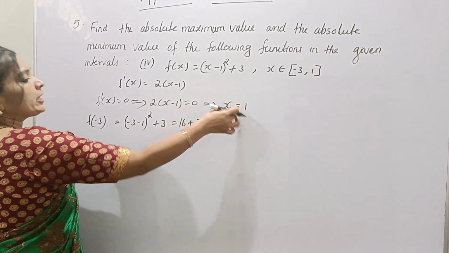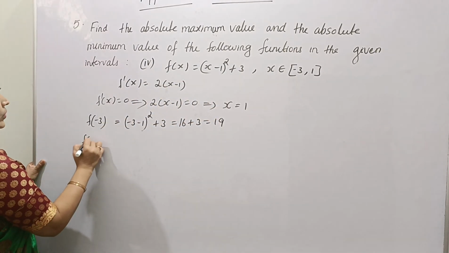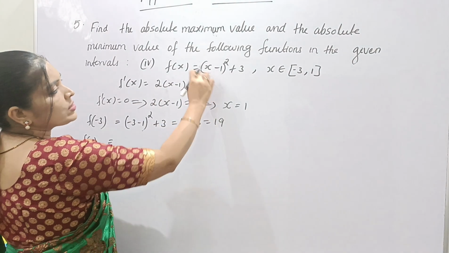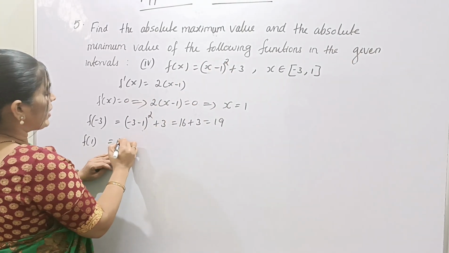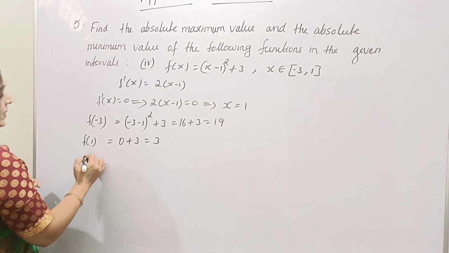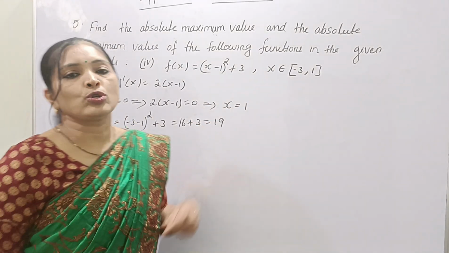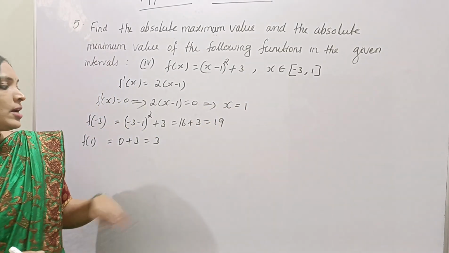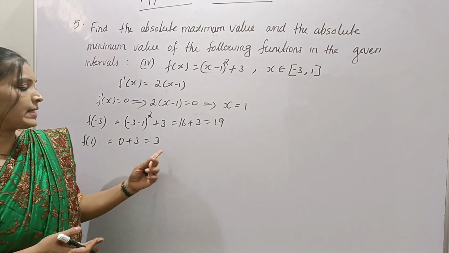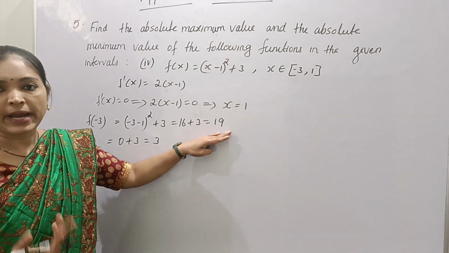Then our critical point, x is equal to 1, so f of 1. F of 1 is equal to, put x is equal to 1, so this term will be 0. So f of 1 is equal to 0 plus 3, that is 3. Then what is the maximum value of x? That is also 1, no need to find. So here among these values, the minimum is 3 and the maximum is 19, right?